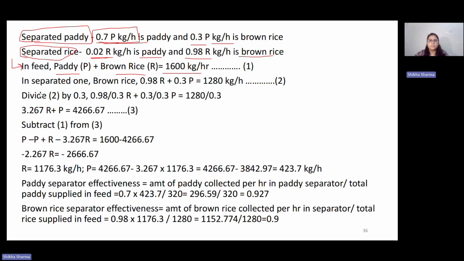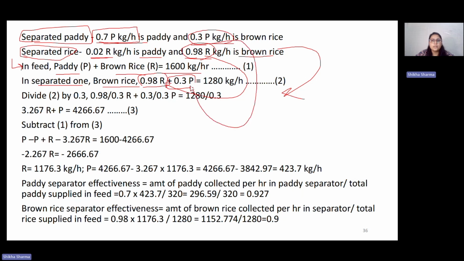That is equation 1. And in the separated one, if we see the brown rice only, 0.98 R is the brown rice, plus in the separated paddy, 0.3 P is also brown rice, right?